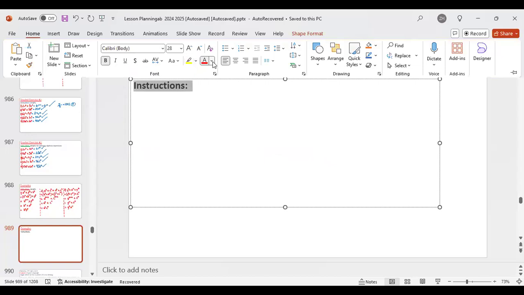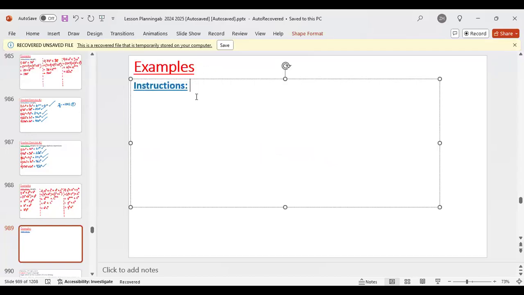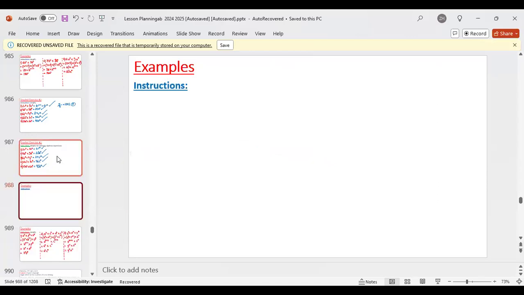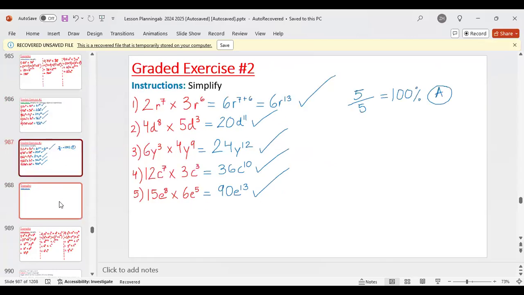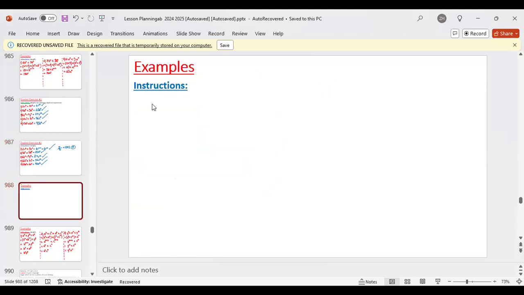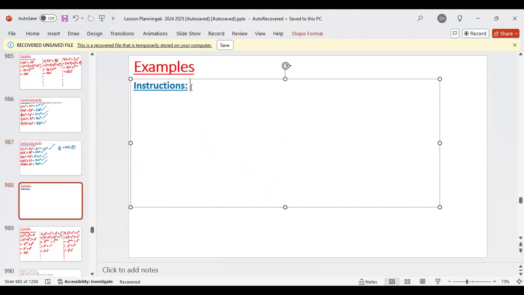Can you please go back to the previous slide for 1 second, please? Yes, I can. You mean the grade exercise? Yes, sir. One second. All right, thank you. No problem. So here we just want to simplify.